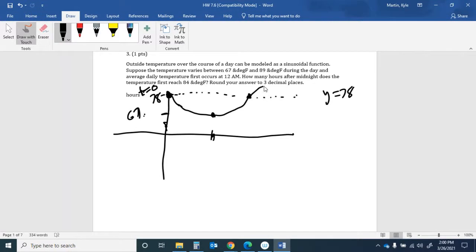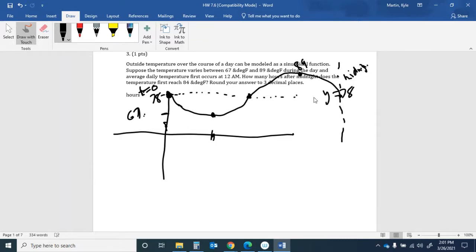And then it's coming along, coming along. The sun's starting to bake, starting to warm up a little bit. Then eventually it hits that high of 89. They tell us the high is 89. And then it comes back down eventually and hits that 78 again. When?